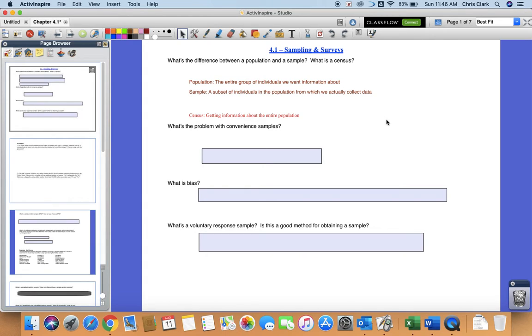That's a convenience sample. My entire population isn't really represented because what about the teenagers that don't ever go to the mall? There's no way I'm ever going to have them in my sample. So it's a convenience sample in that sense.